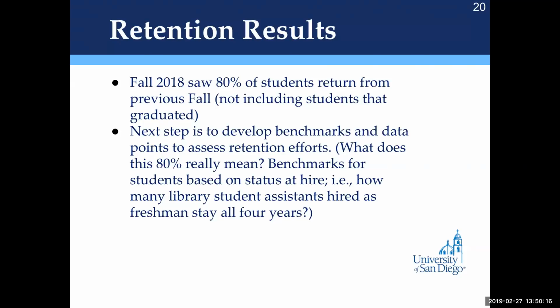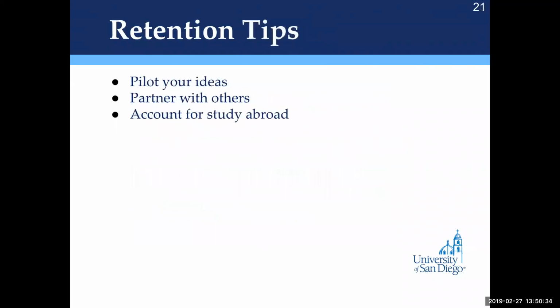So the next step for us in terms of retention results is to develop a plan for assessing that. And we're working with our assessment people on campus to develop a full program assessment of all 3 phases of our program. The tips that I have for you: you want to pilot your ideas, go for it. Make mistakes, try it.